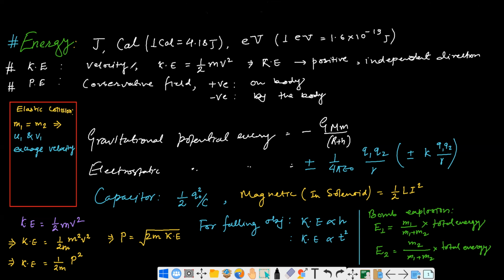Similarly, in this same case, if the initial velocity of the first object is 0, then after elastic collision, if the second has some velocity, the velocity of that object V1 is going to be 2 M2 U2 over M1 plus M2.